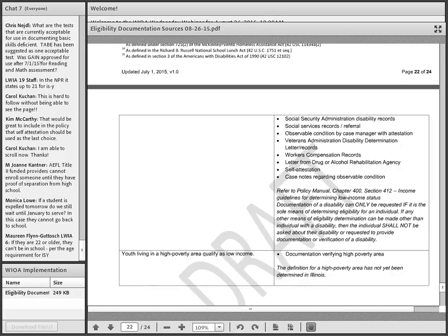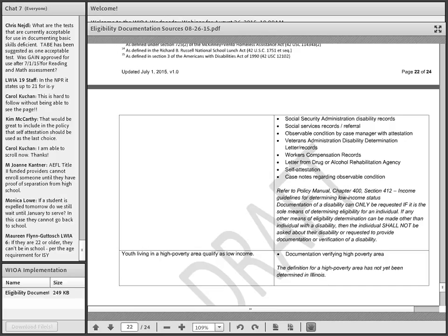But that would be a last case, if they wouldn't meet any of the other criteria, until that gets ironed out. Hopefully it gets ironed out in the near future and there's clear guidance out, but right now we don't have anything. All the rest, the income is the same.